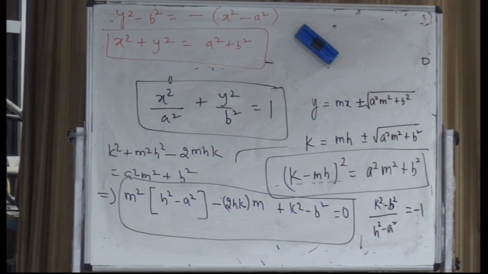What is the area of the major auxiliary circle? What is the major auxiliary circle? Look at the diagram, what is the major auxiliary circle? Yes, so what will be its area?